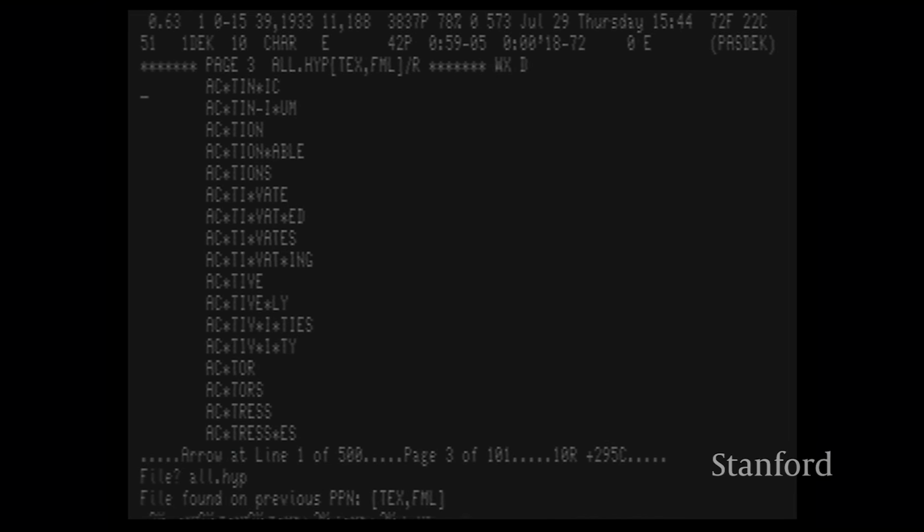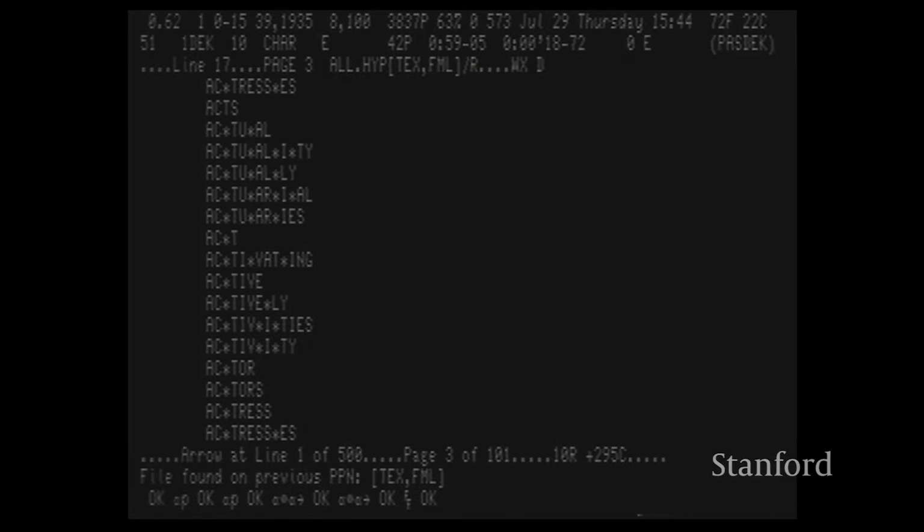Okay. Now there. So okay, you see that in this case there's a lot of after AC with a T, then it's a good place for a hyphen. But acuity, it wouldn't put a hyphen after an AC.